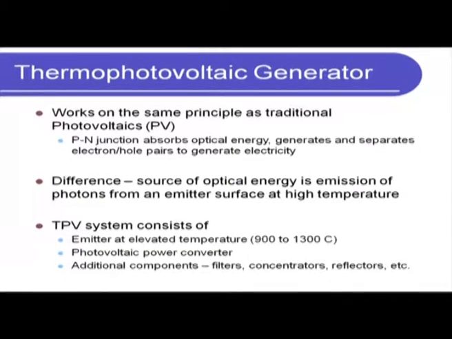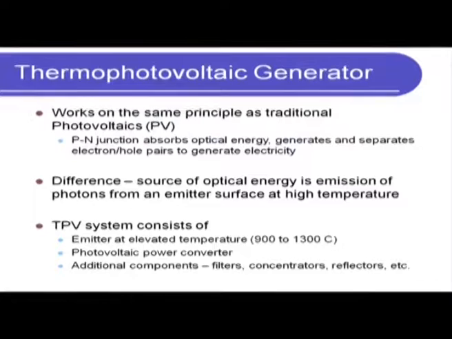Okay. So, once again if I have to define it in a nutshell, thermophotovoltaic is again photovoltaic conversion where we use semiconductor and PN junctions to generate electricity from optical energy. The difference here is that the source of that optical energy is not sun or solar energy, but it is photons that are emitted from an emitter surface which is heated to a highly elevated temperature.